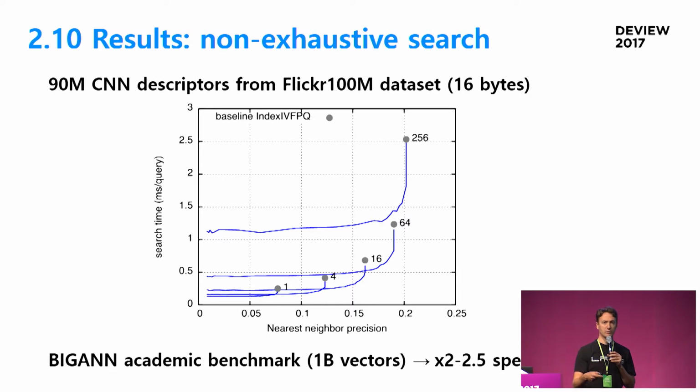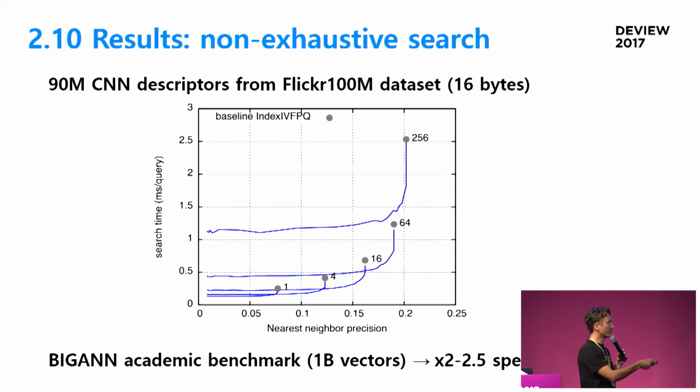So typically what you do is some form of hashing, or inverted file structure, where you first assign your descriptors to different buckets, and then you perform the comparison with the database items only within the same bucket. So first assign to a bucket, then perform exhaustive Hamming comparison in this bucket, and then refine with PQ only for the closest items.